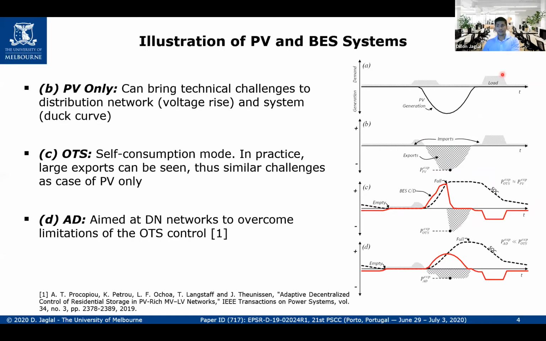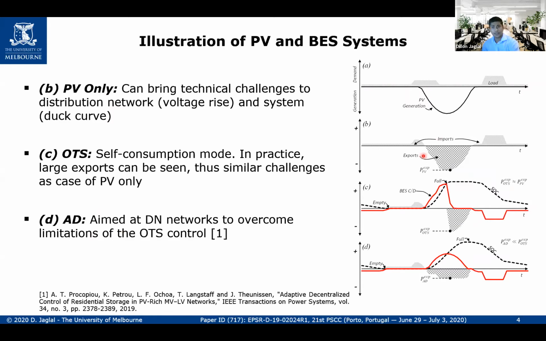So now I'll give you an illustration of the batteries and PV systems. We have 4 plots on the right-hand side, A to D, where A just shows the load demand and the PV generation profile, and plots B, C, and D correspond to PV only, off-the-shelf, and adaptive decentralized, AD. So first I'll begin with PV only.